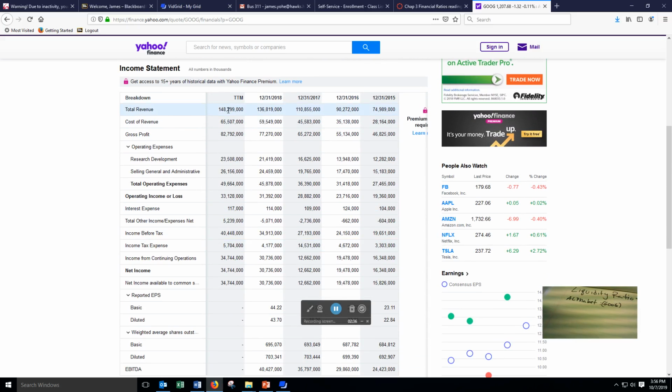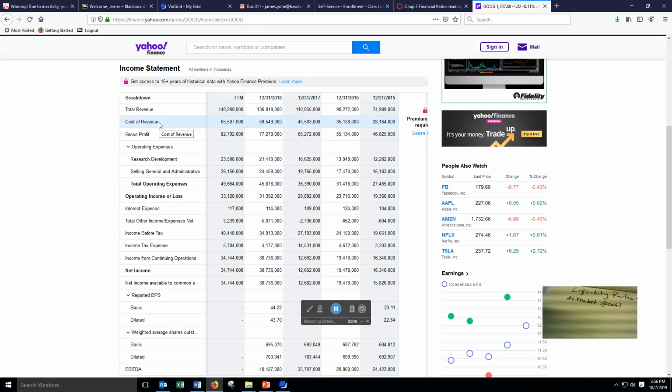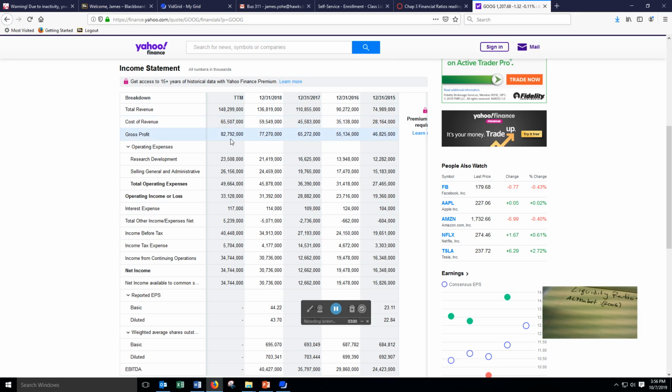You've got total revenue. Those are oftentimes called sales if it's a retail company. You have cost of revenue here for Google. A lot of times, and in the book for Bartlett Furniture Company for sure, they call that cost of goods sold, COGS. So if I sold $1,000 worth of merchandise, COGS would be what I paid for it, maybe $500. And that would leave me with a gross profit here of $500.